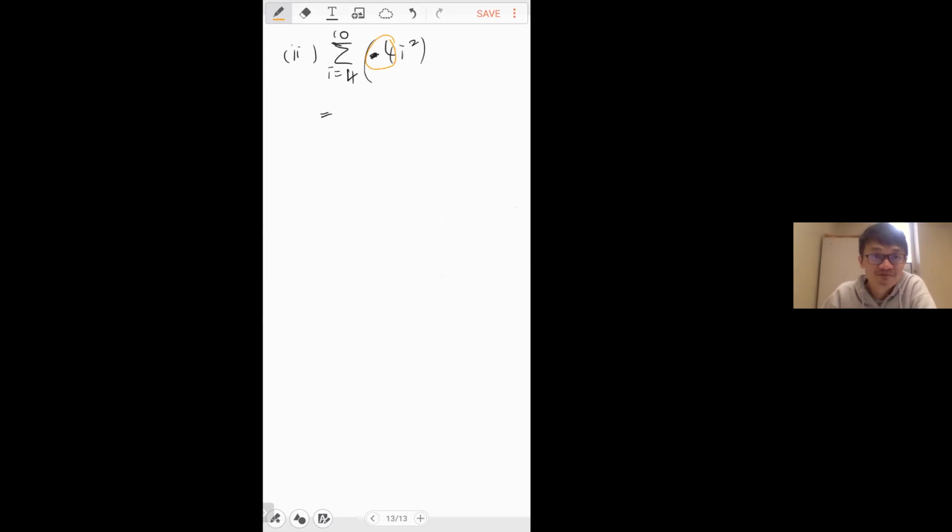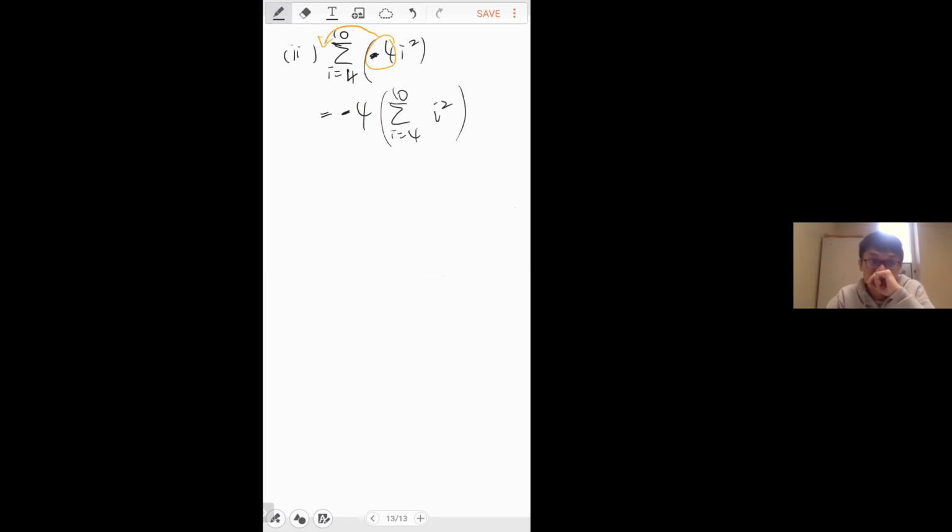Any other questions? So for this example right here, negative 4 times i squared, negative 4 is a constant, so I can put that outside of the sum and get negative 4 times this guy, i squared.